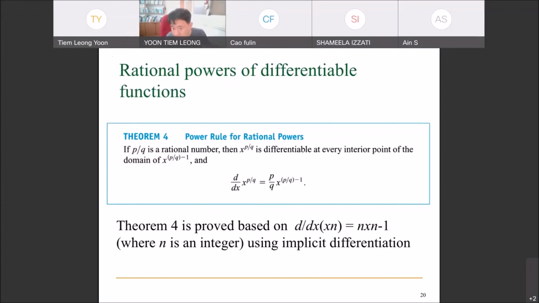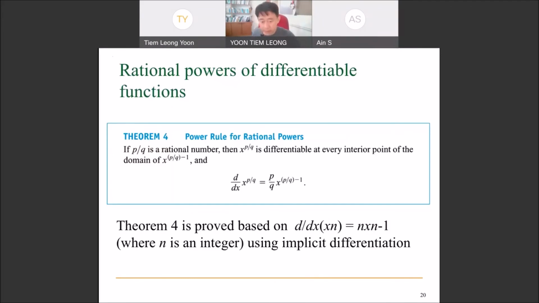You have to have this Theorem 4 before you can take the derivative of x raised to the power of a rational number. Without this theorem, you should not simply apply the power rule for an integer to a ratio of two integers.